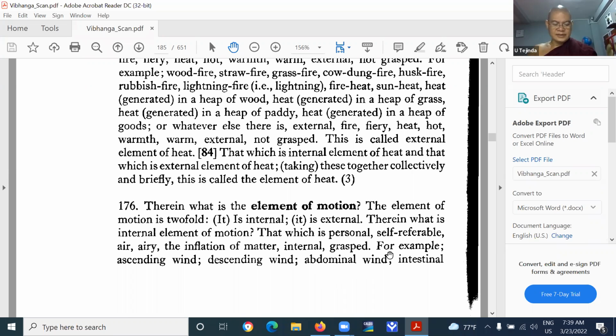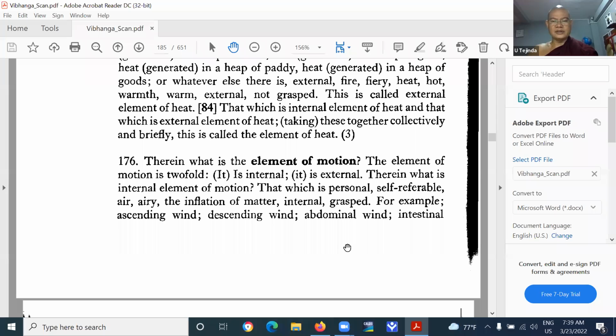For example, Udagama Wayo, Adogama Wayo. We say here, instead of Wayo, Wata. So I said it when Udagama, the wind coming from the upper part of the body. Adogama Wata, this is said when the wind comes from the lower part of our body.